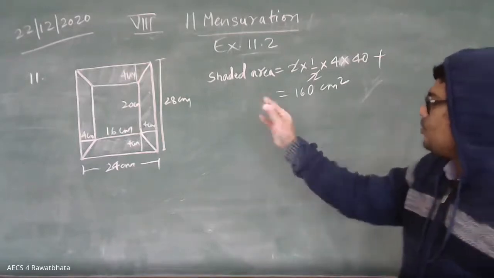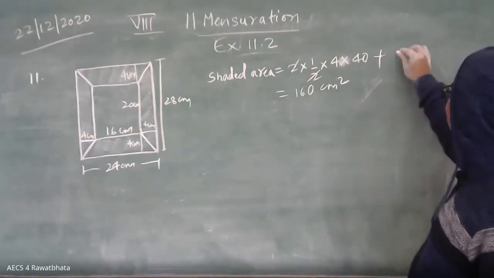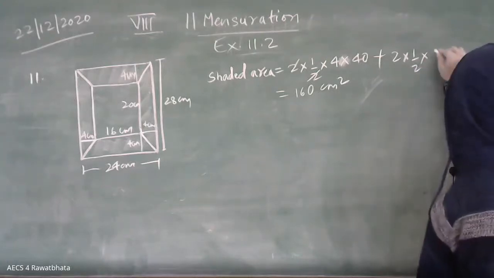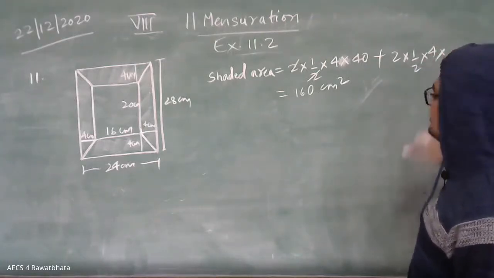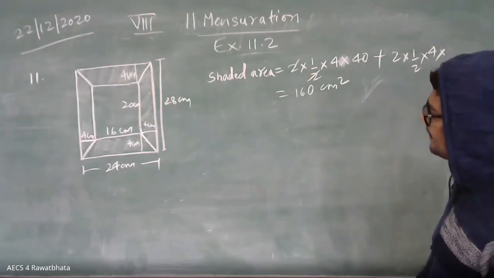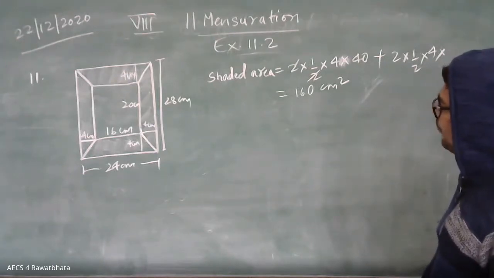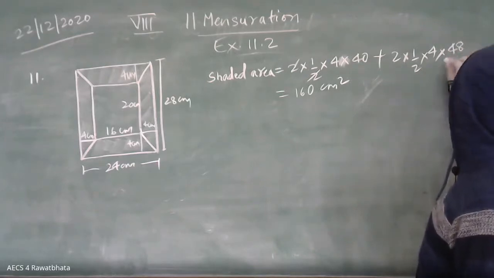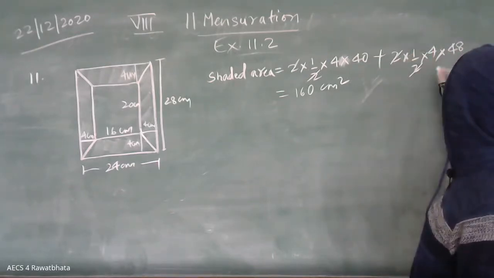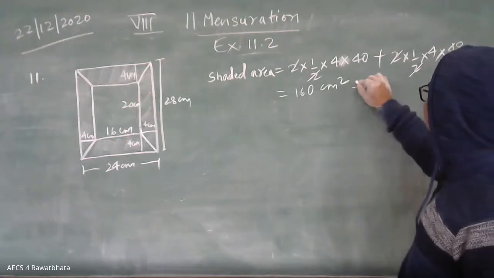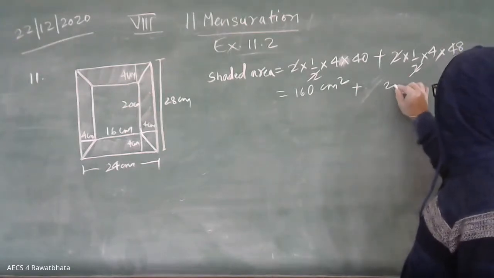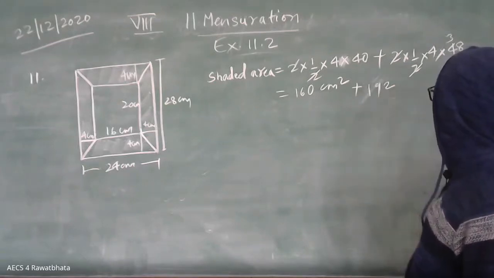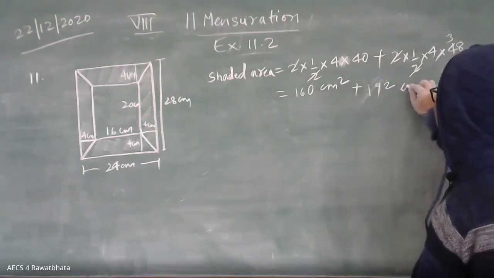the other set of trapeziums, where 2 into half into h is 4 and the sum of parallel sides is 20 plus 28, 48. This 2 and 2 get cancelled. 4 is multiplied by 48, so 192 centimeter square.